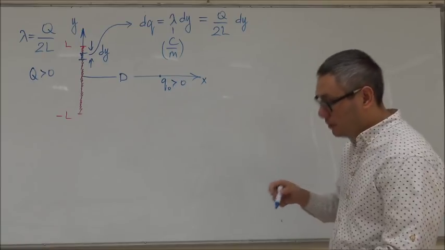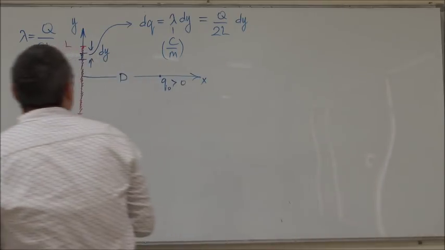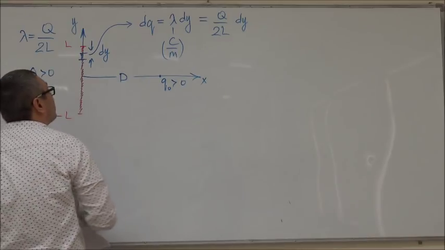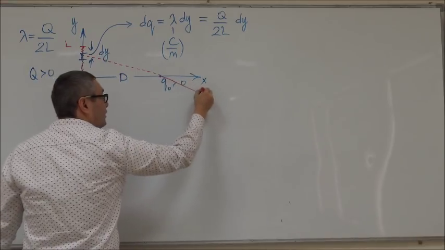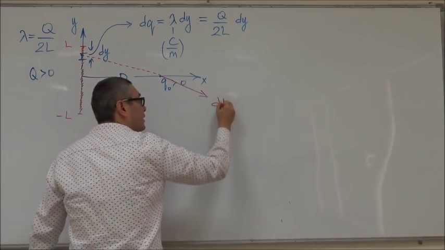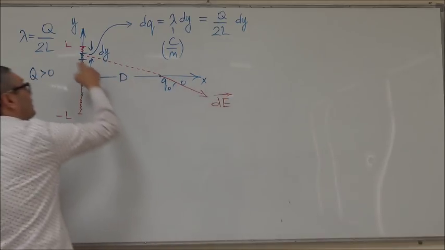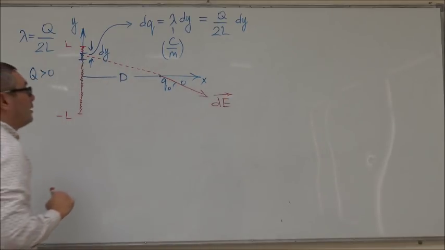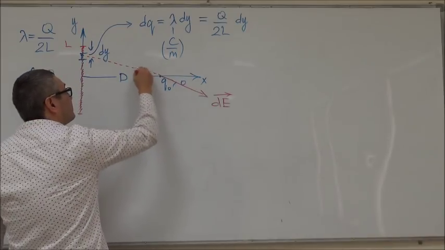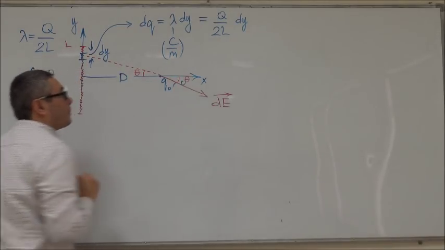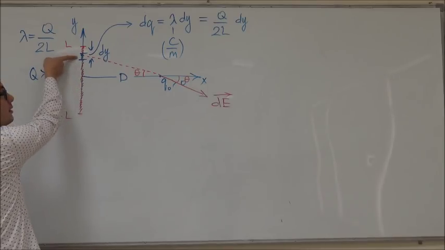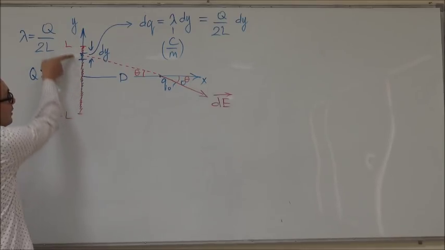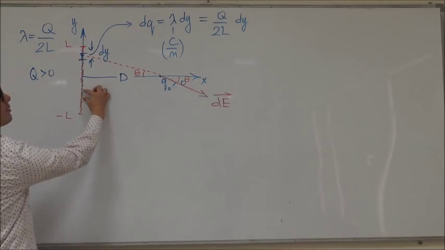Now this small element creates a small element of electric field at that point. So if you draw a straight line, this is the element of the electric field created by that element of charge. Let's say that this angle here is theta. Now, because of the symmetry of the problem, there is a symmetric element on this side, symmetric to this element. So it's somewhere here.